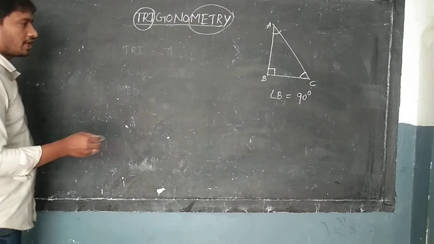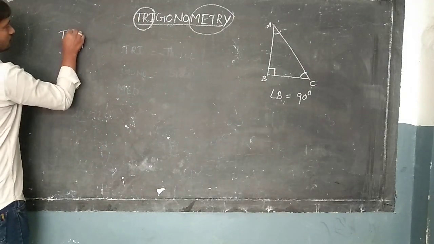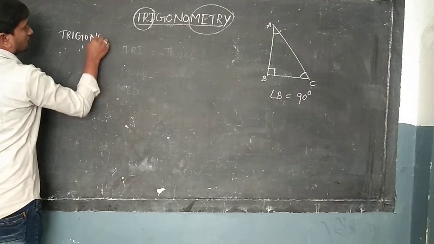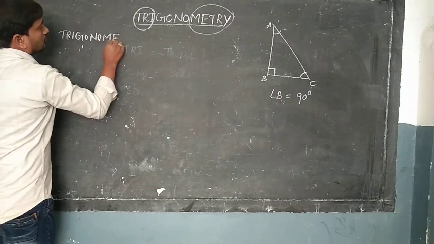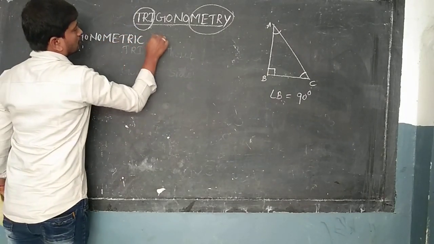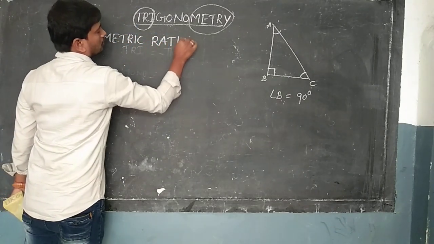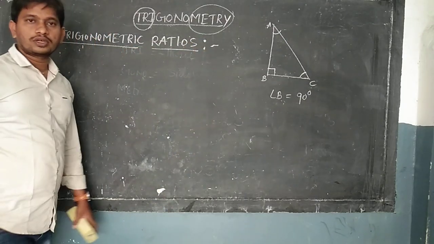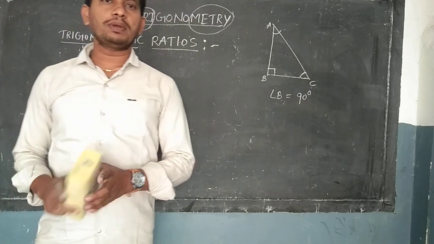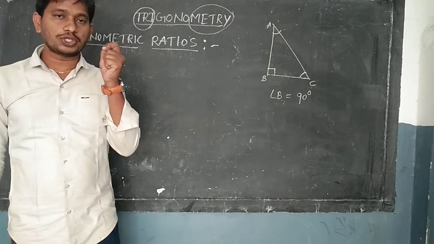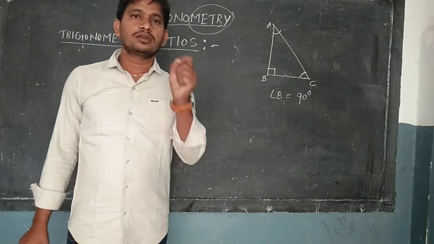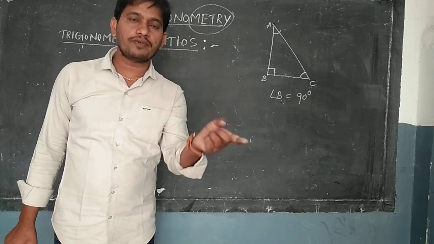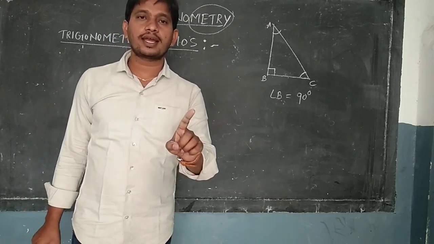They are called trigonometric ratios. What do you mean by trigonometric ratios? Trigonometric ratios are nothing but the ratios of sides of a right angle triangle.